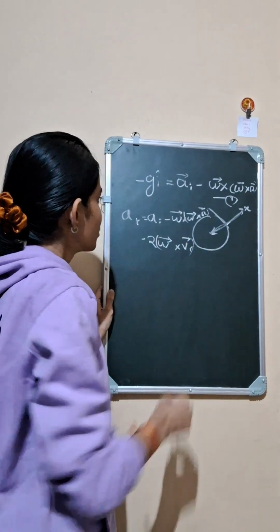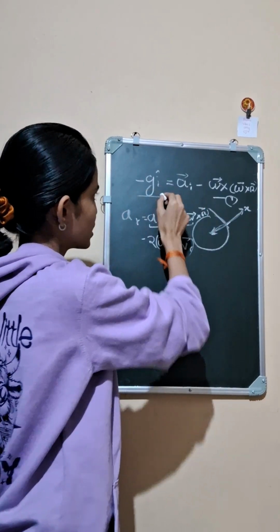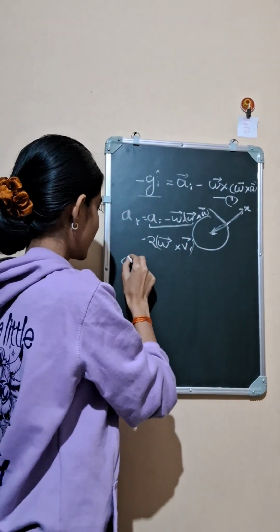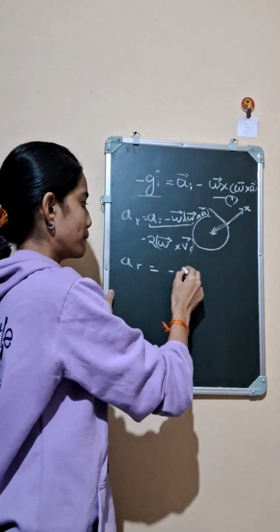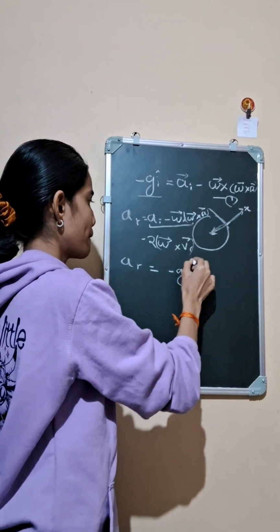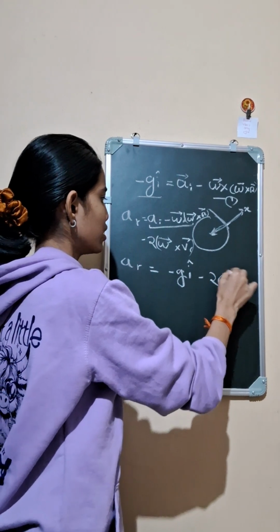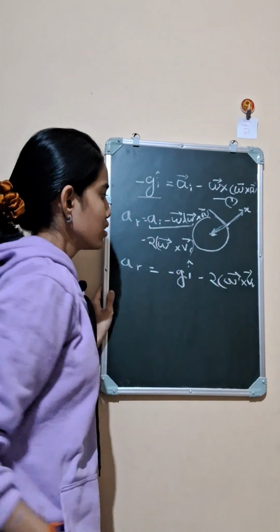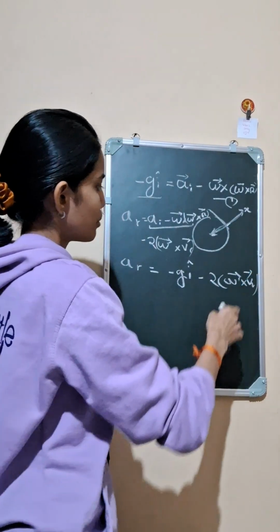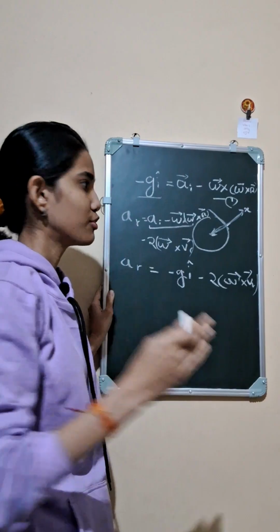So here this term can be equated to this. We can say that acceleration in rotational frame is equal to minus g i cap minus 2 omega cross vr. Here let's talk about this vr vector. So what is the velocity?